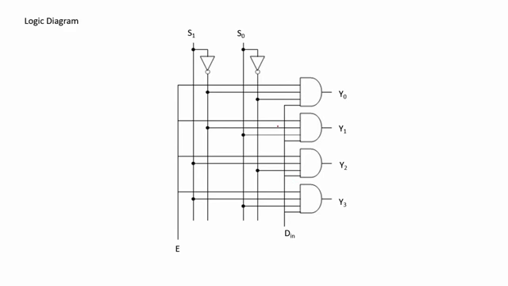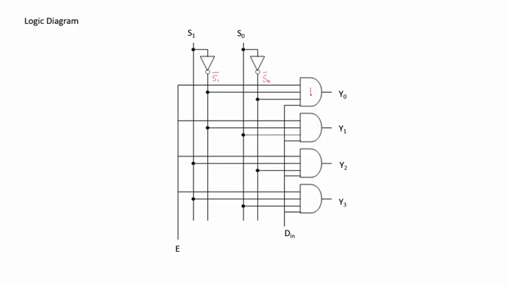You can see that you have 2 select lines S1, S0, 4 outputs Y0, Y1, Y2, Y3, 1 enable input and 1 data input line DIN. This DIN is connected to all the 4 AND gates, and the enable is also connected to all the 4 AND gates. The output of this NOT gate will be S1 bar and the output of this NOT gate will be S0 bar.